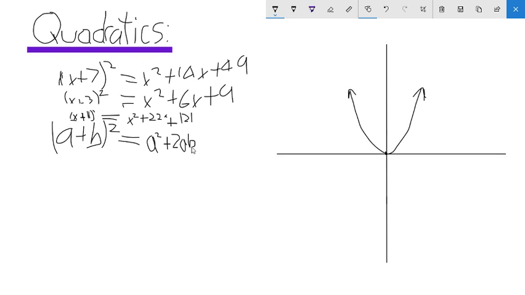And then our last term always seems to be the last term squared. So 7 times 7 is 49, 3 times 3 is 9, 11 times 11 is 121. So that means it's going to be plus b squared. And so this right here is our perfect square trinomial.